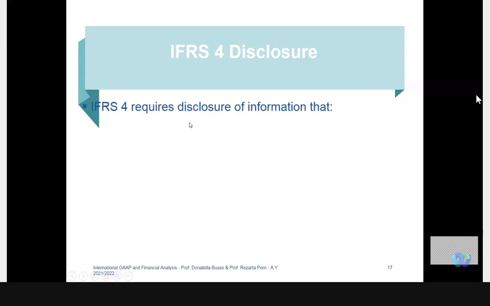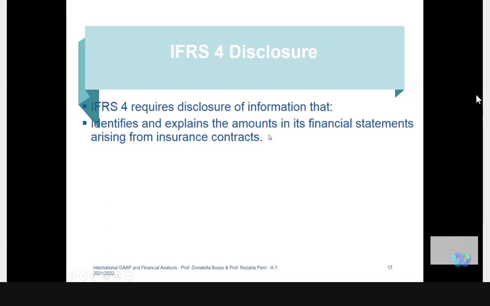This standard requires disclosure of information that identifies and explains the amounts in its financial statements that arise from insurance contracts. That means that if you have included in the balance sheet or income statement or comprehensive income statement any item that is related to insurance contracts, you have to give some explanation and disclosure in the notes.